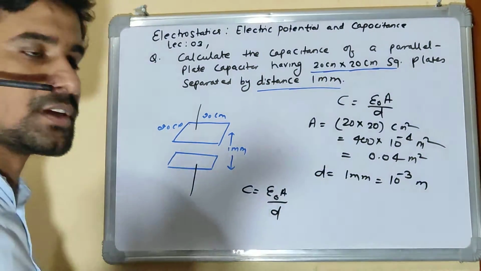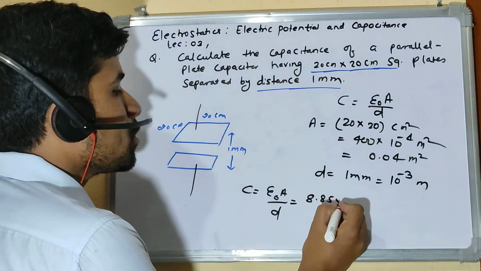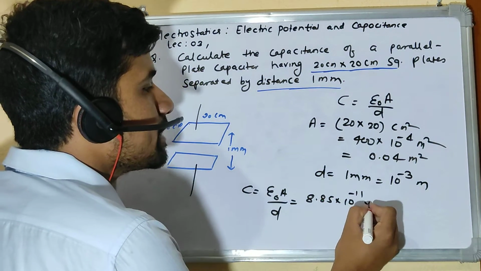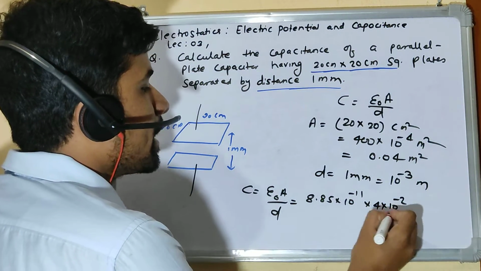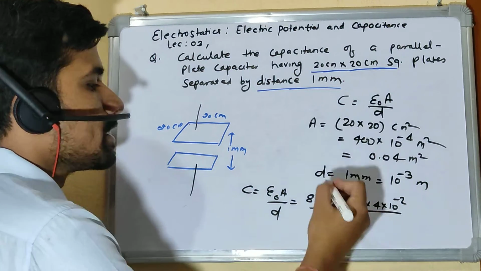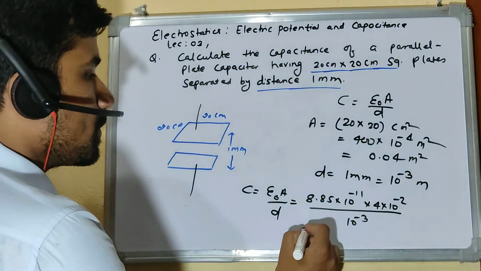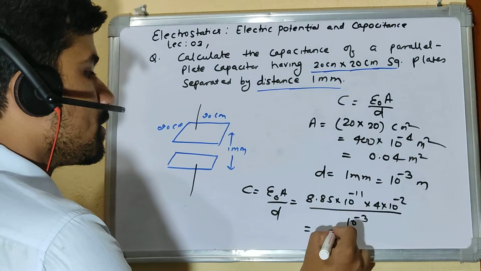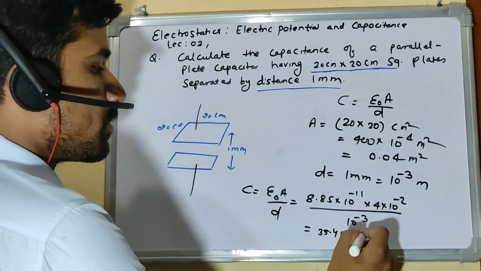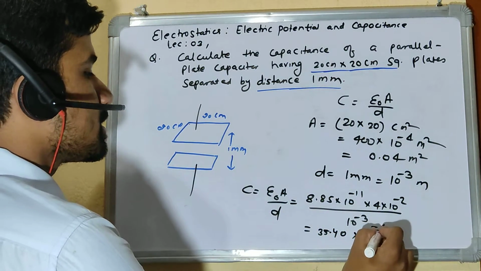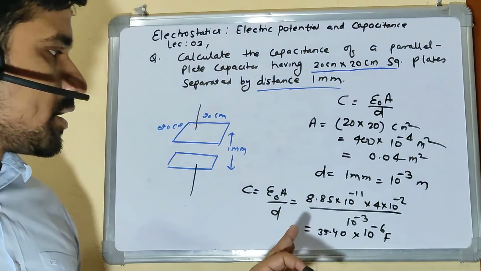It is 8.85 into 10 to the power minus 11, area is 0.04 or 4 into 10 to the power minus 2, and distance is 10 to the power minus 3. What value are we getting here? 35.4 into 10 to the power minus 6 farad.